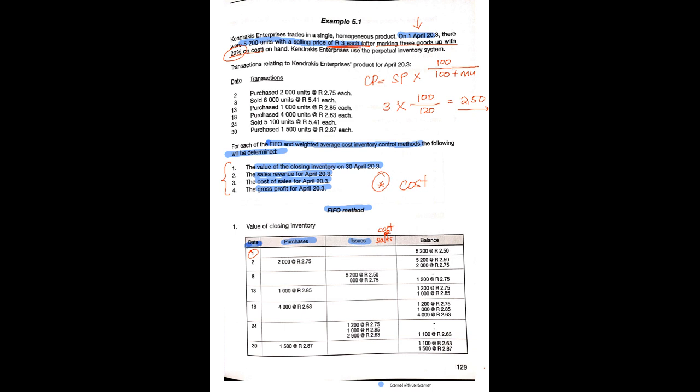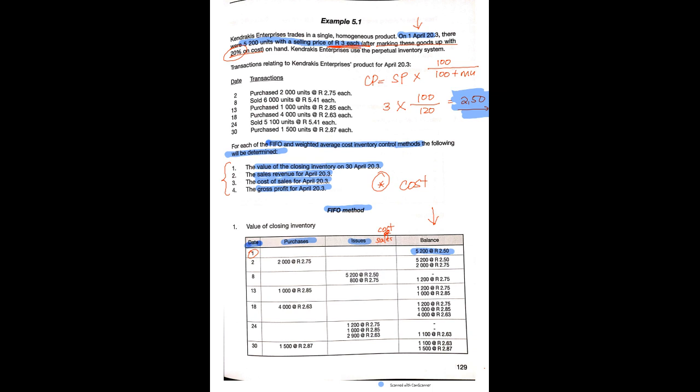And immediately into the balance column, you're going to indicate that it was 5,200 units at R2.50, which I had calculated here at the top. Okay, so that is acknowledging that this is the opening balance, and we also acknowledge that the values in this table are cost prices, not selling prices.